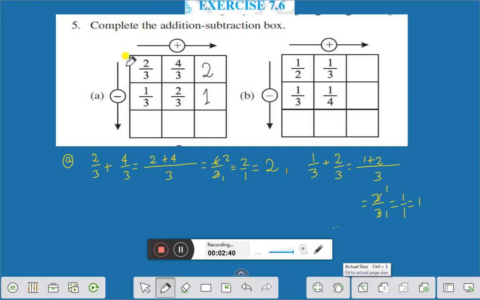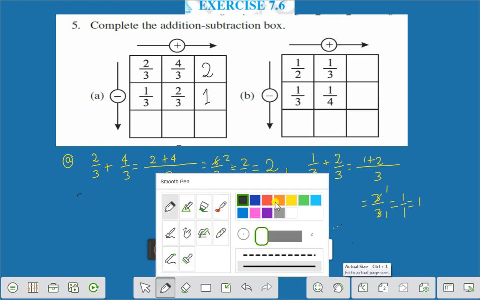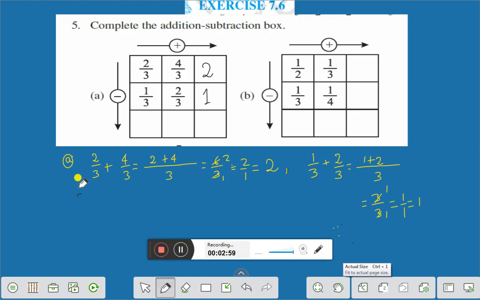In the vertical direction, you see this is the subtraction. That is, you have to subtract 2 by 3 minus 1 by 3, and 4 by 3 minus 2 by 3. Let us subtract. That is 2 by 3 minus 1 by 3.